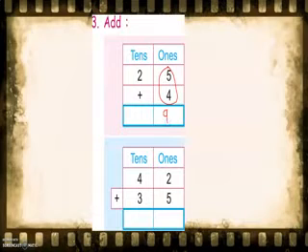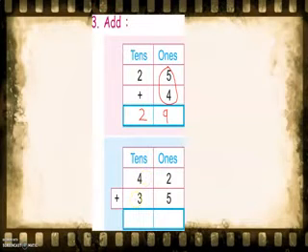Now we have to look into the tens place. Here, 2 is the number in the tens place of the first number, and in the other number there is no tens place digit, which means 2 plus 0. Yes, 2 plus 0 is 2. 29 is the answer.